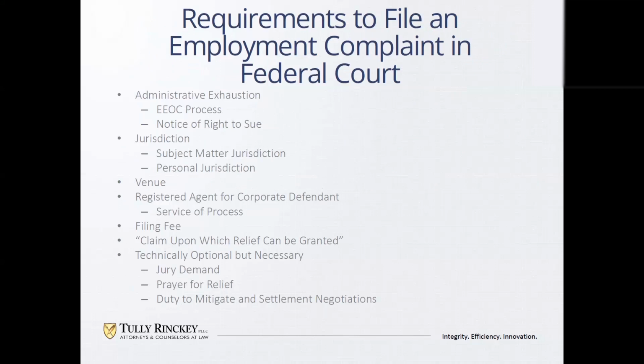An administrative agency specifically like the EEOC, the Equal Employment Opportunity Commission. The Equal Employment Opportunity Commission is an administrative agency that reviews, investigates, and decides whether discrimination has occurred. Or if it cannot decide, will allow you to go to court.